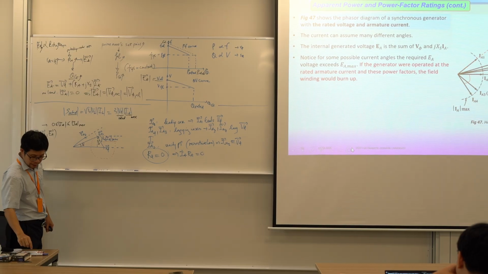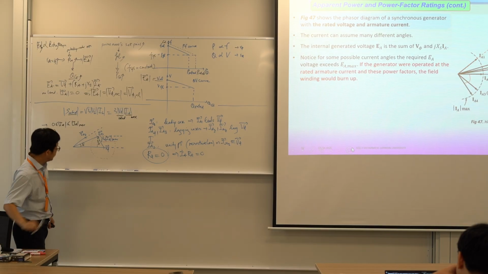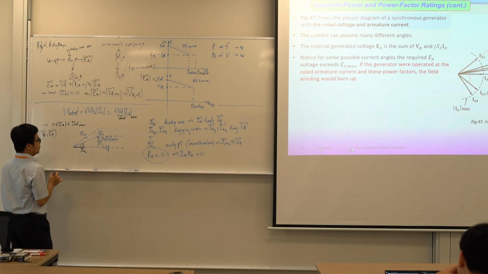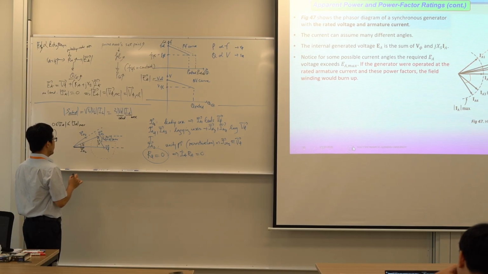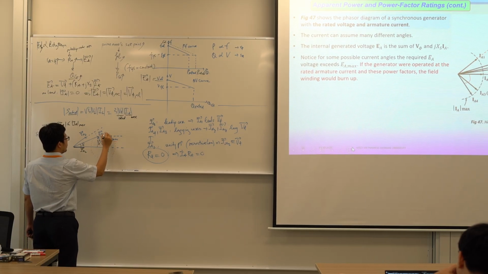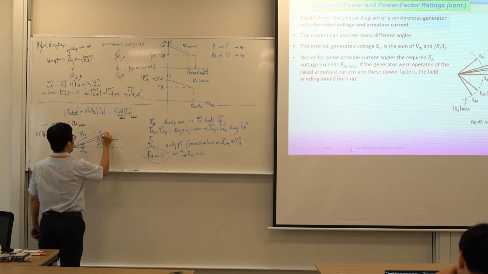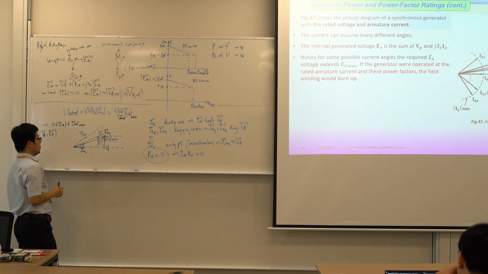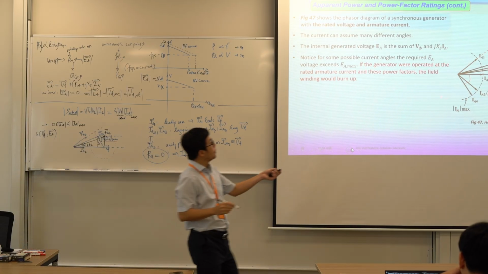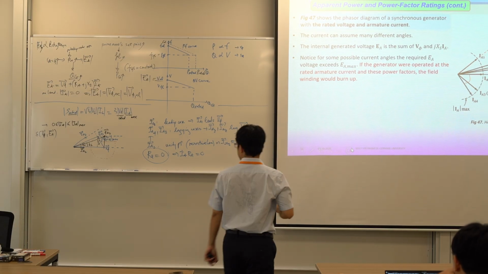And then if we have IA2, here is jXS IA, and you get this one as EA2. This is delta 1, this is delta 2. If we have IA2 here, so this is delta 2, right?